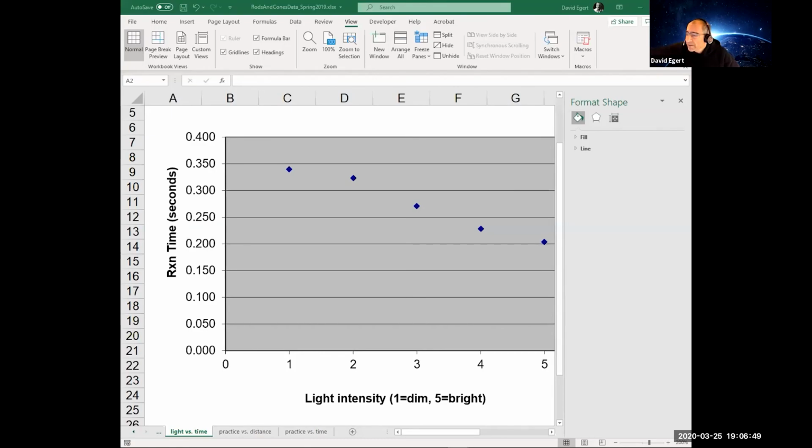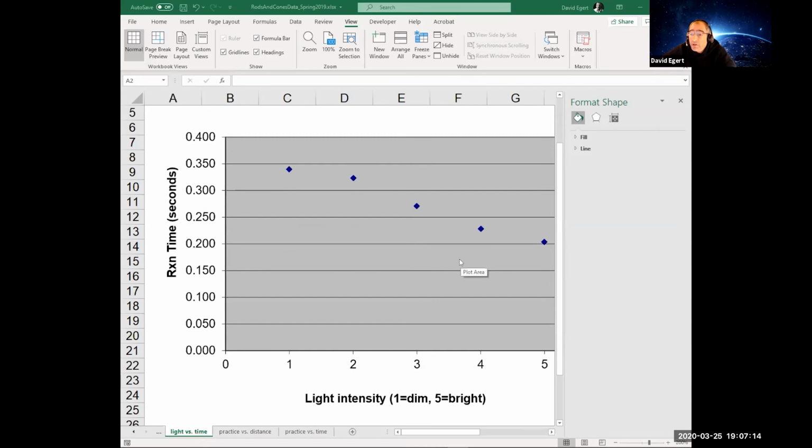on our graph here is your reaction times were almost 2 times slower in the dimmest conditions compared to the bright conditions. So if something jumps in front of you, you can maneuver twice as fast or have twice as much time to get out of the way compared to the reaction time in dimmer light, right?